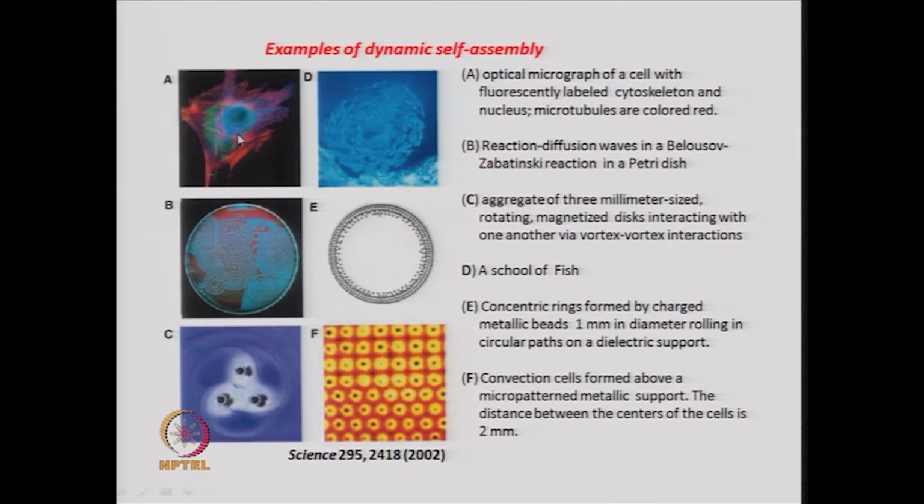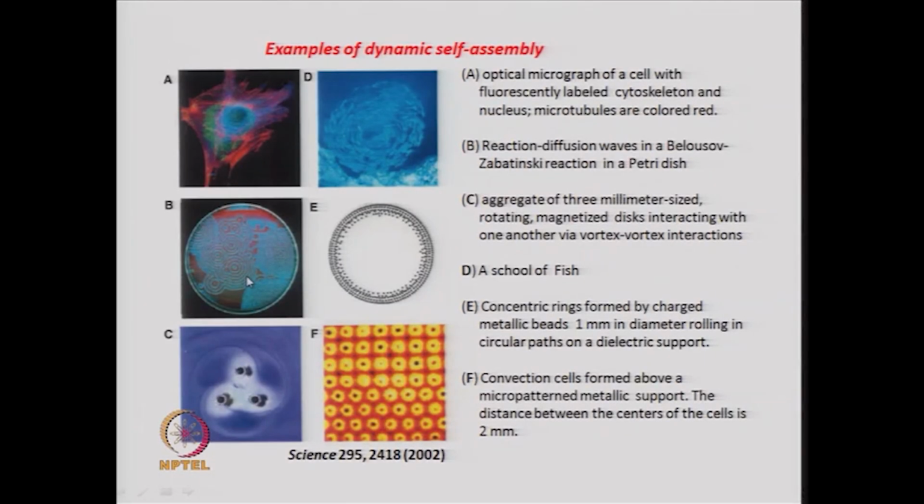This cell forms by self assembly of several objects which are within the cell, for example, the nucleus and several other bodies which are present inside the cell. And this is dynamic, it involves energy dissipation.